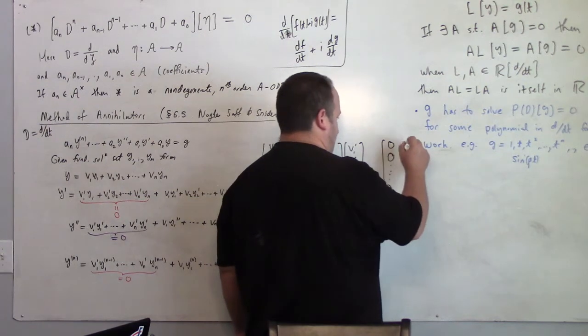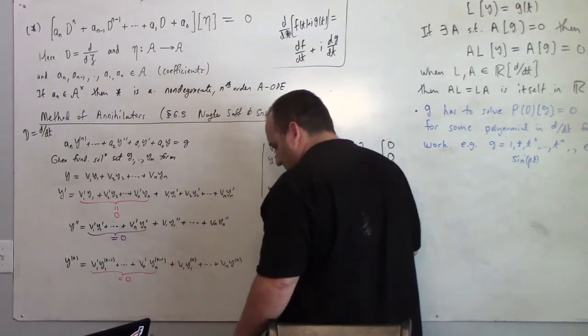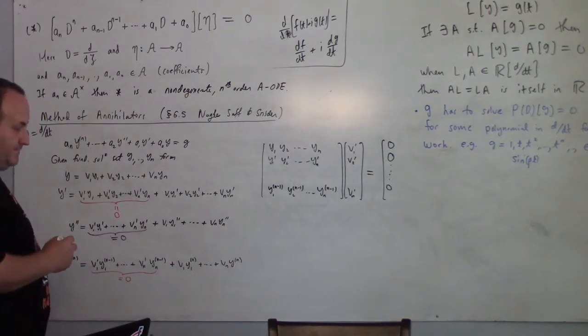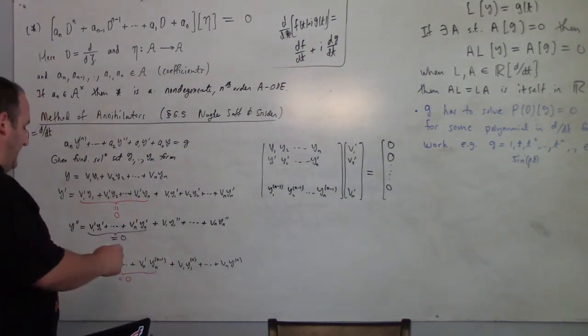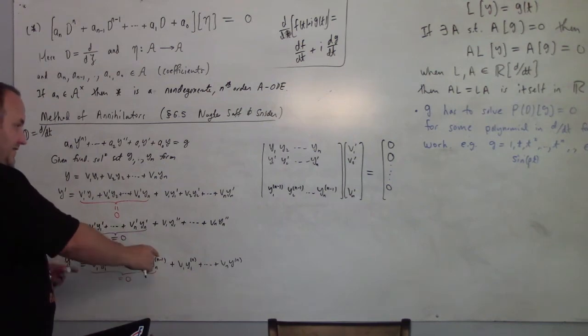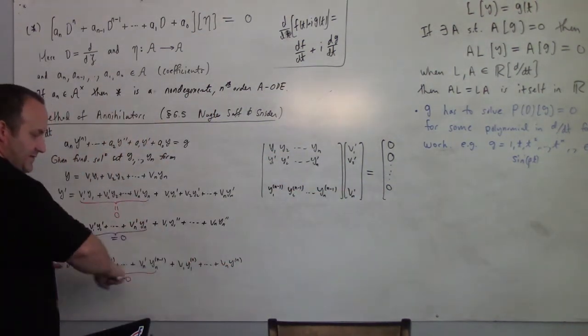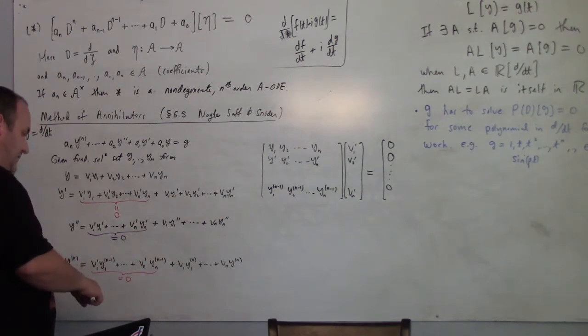And then what goes down in that last spot? See, the last row here should be this last equation somehow, or maybe it involves it. Let's see here.